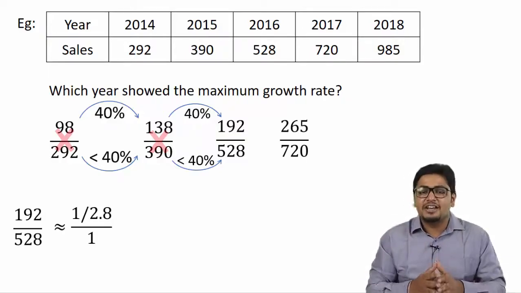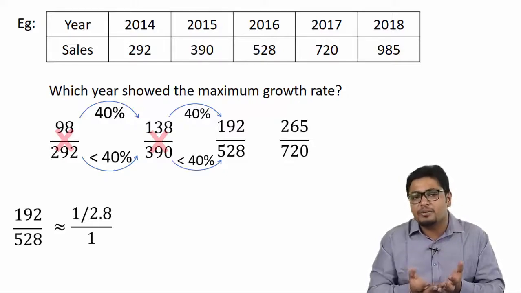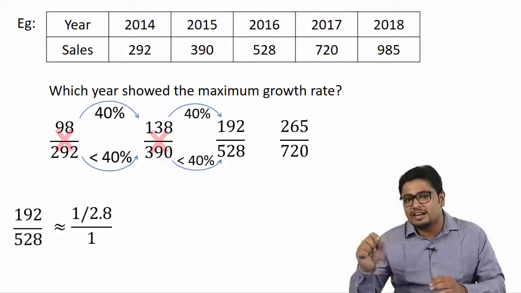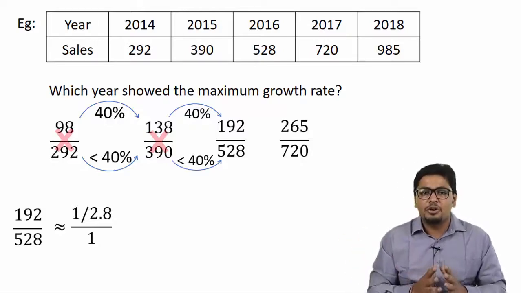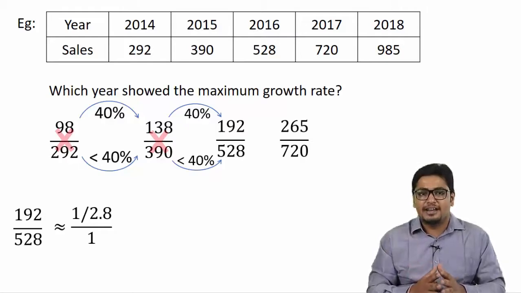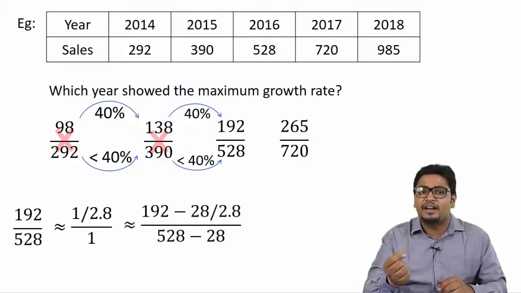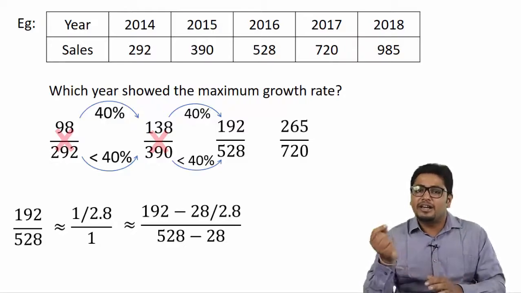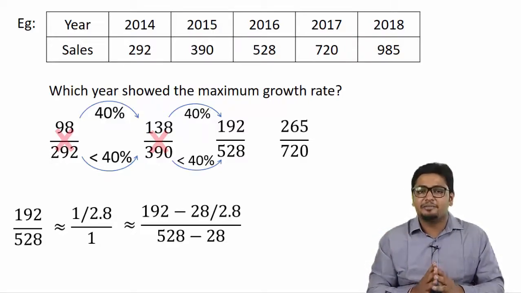In this case, instead of approximating the denominator as 600, it is better to make it 500 as it is close. So n in this case becomes 28 and we have to subtract 28 upon 2.8 from the numerator. 28 upon 2.8 is 10.